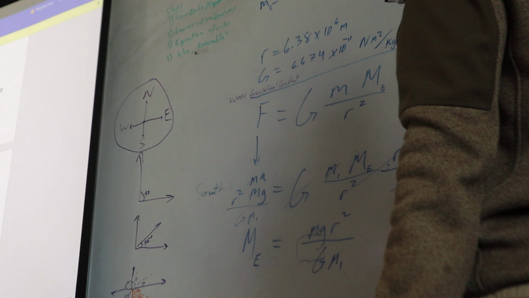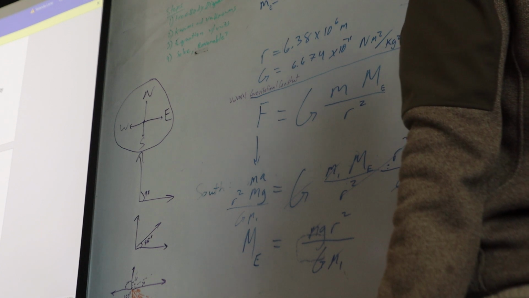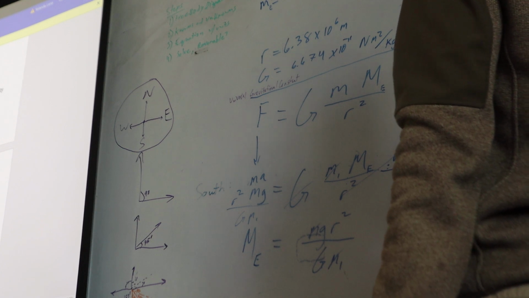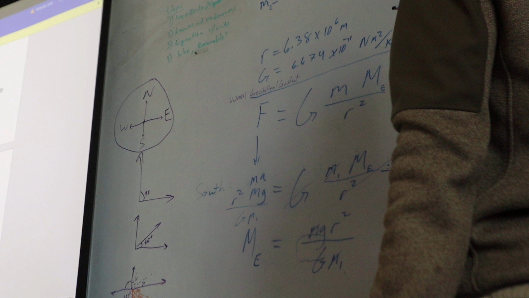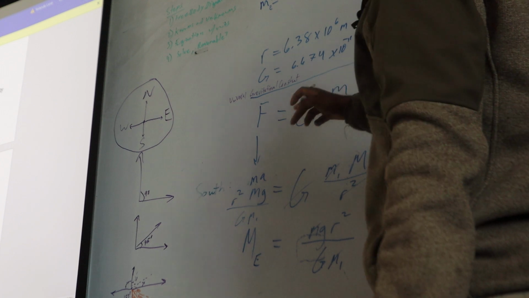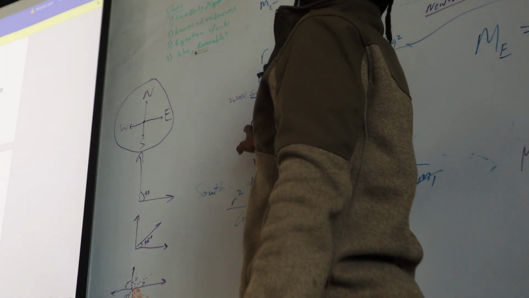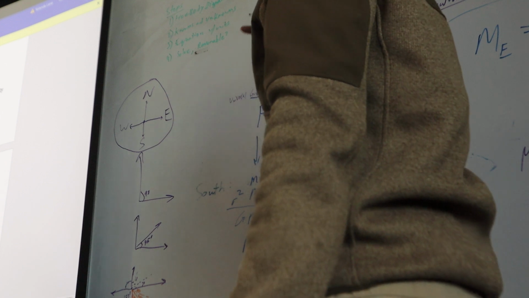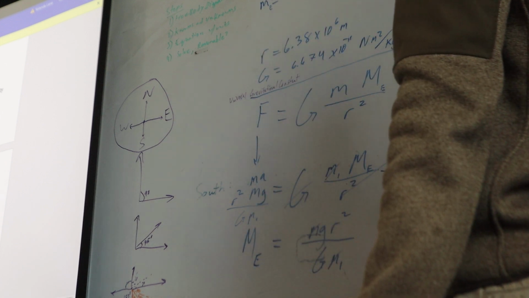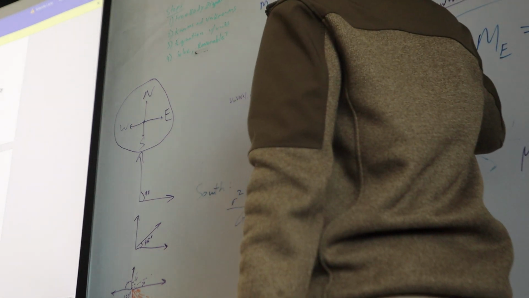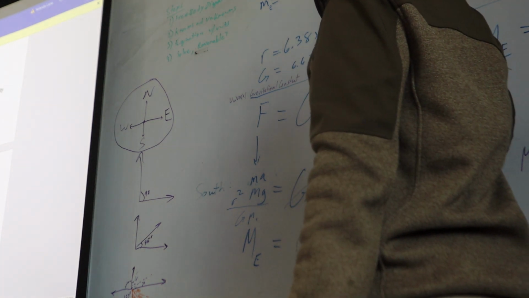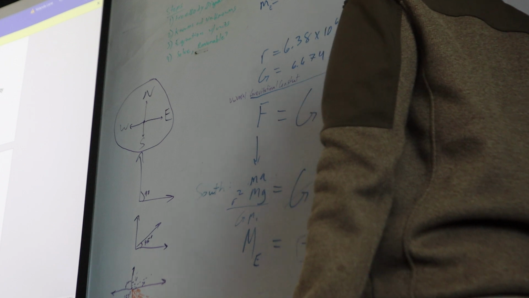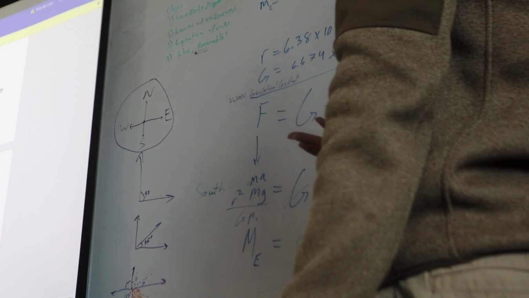Let me see what happens if I put in... Well, it's because of the F. We don't know, if we just solved for the mass of the Earth and then we still had the F, what would we put in for the F?